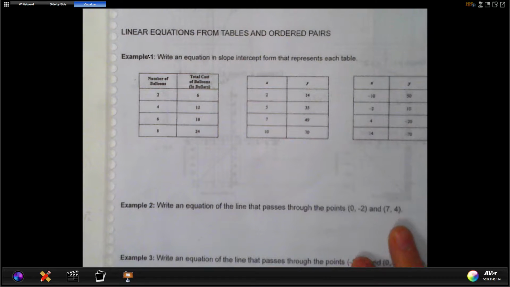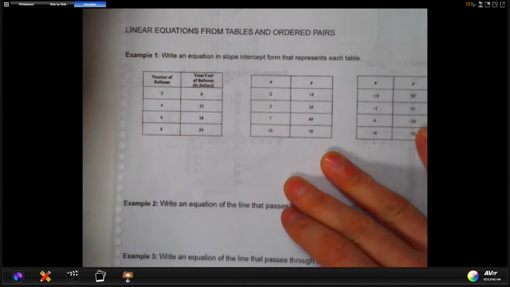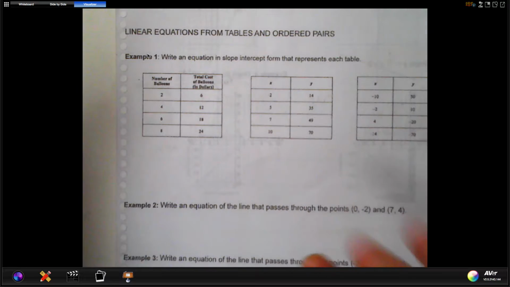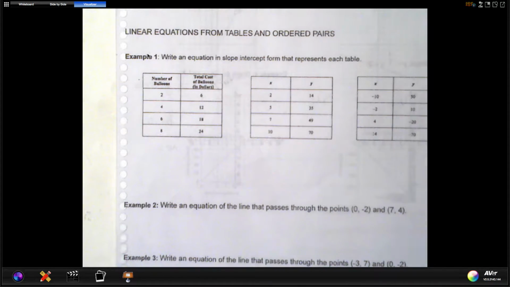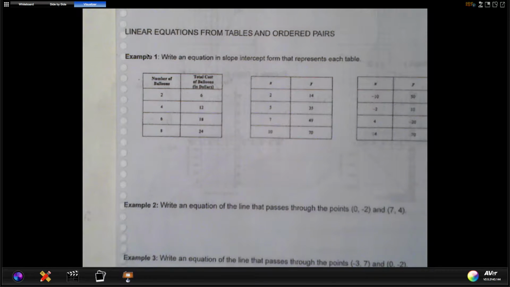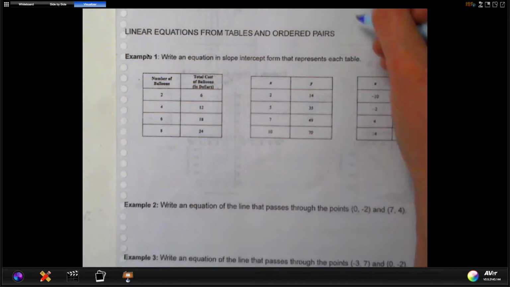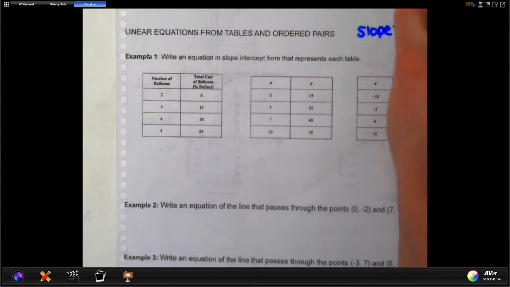Okay, so what we're going to talk about first is finding your equation from a table. In slope-intercept form, we have to find the slope and the y-intercept. Let's remember that finding the slope from a table means that we need to use the equation. Let's do a little note here. For slope, we're going to use the equation y2 minus y1 over x2 minus x1.